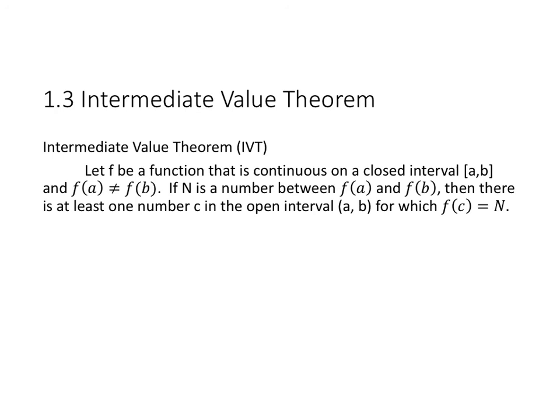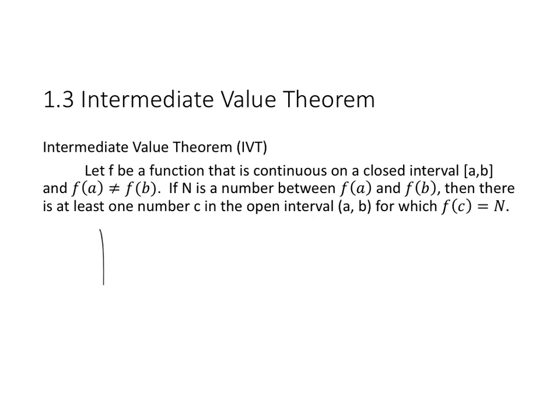The intermediate value theorem says, if I go from 0 to 60 in my car, I had to hit every number in between. There had to be at least one point where I was going 10 miles per hour, 30 miles per hour, 40 miles per hour, all the way up to 60 miles per hour. I could have come back down and gone up and down.